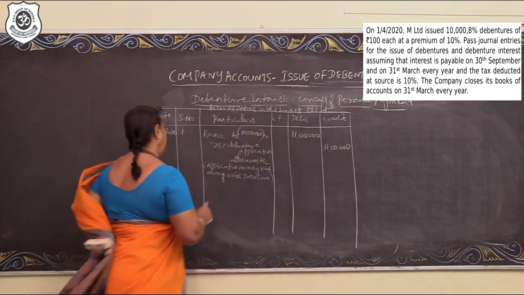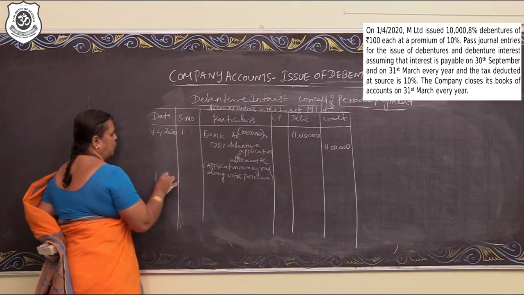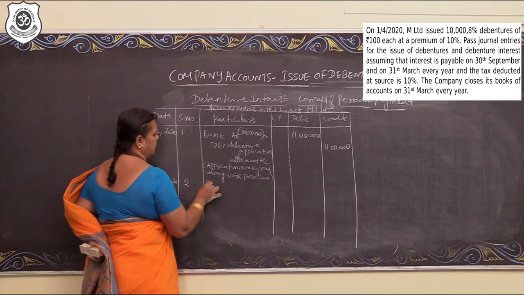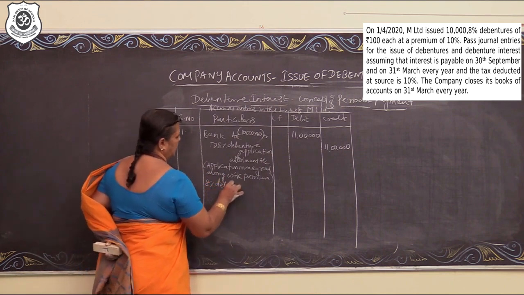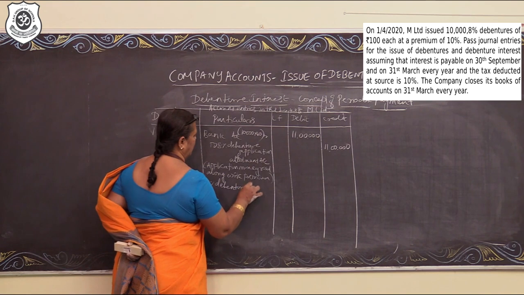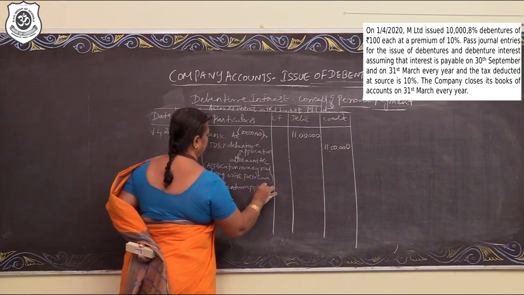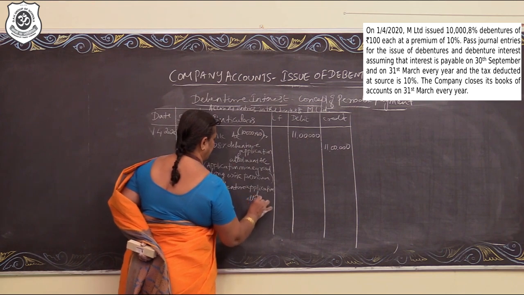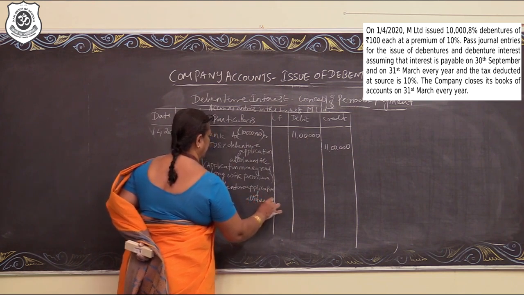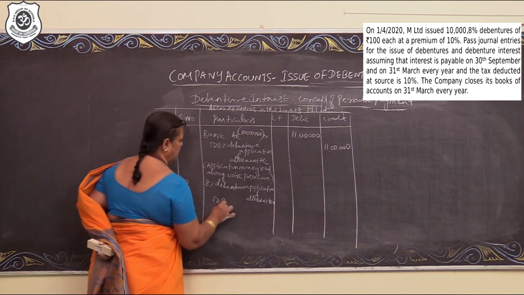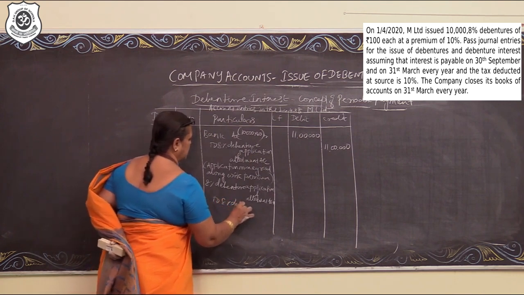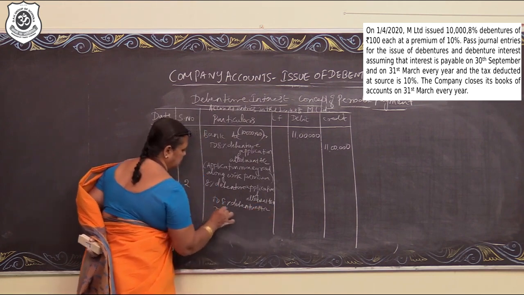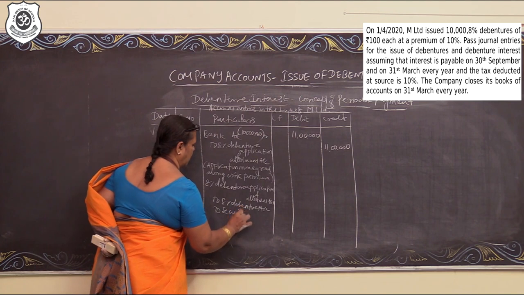The second entry, same date, 1/4/2020. Second entry will be 8% debenture application and allotment account debit to 8% debentures account to securities premium reserve account.